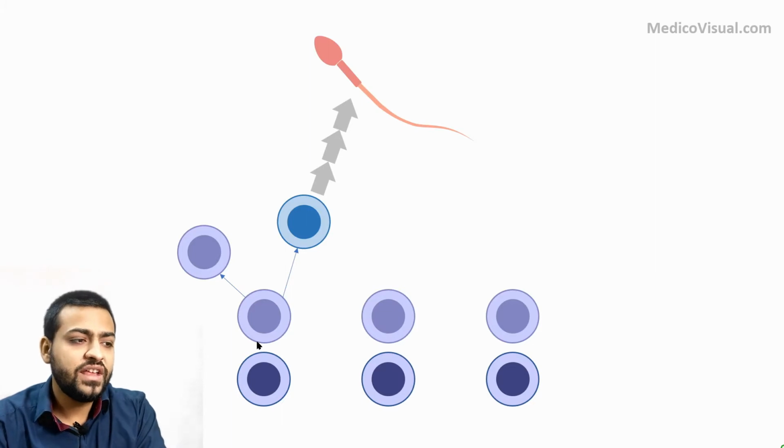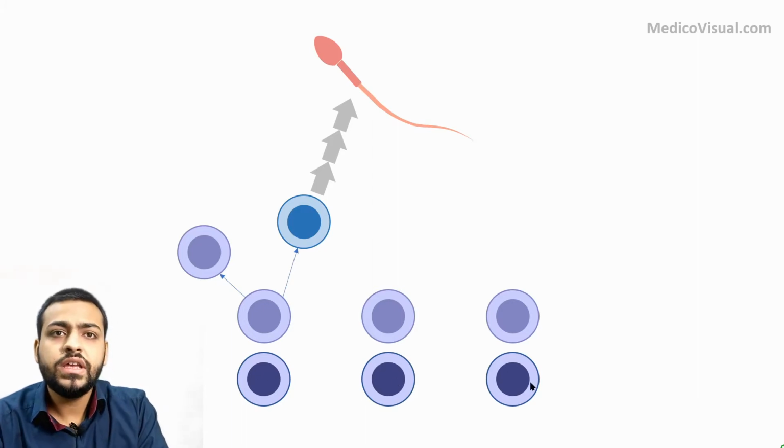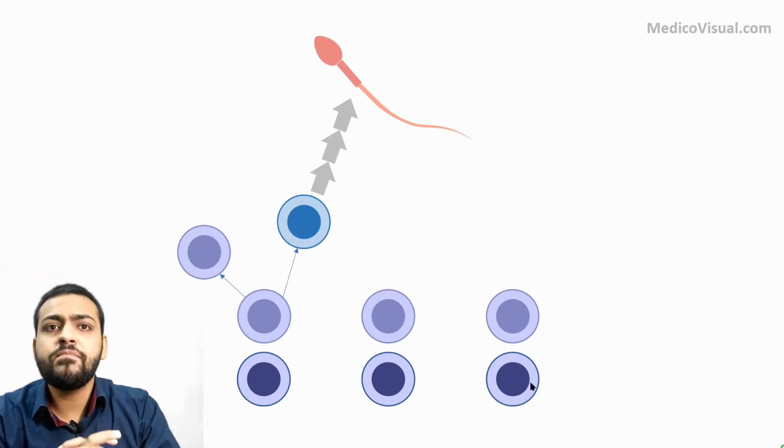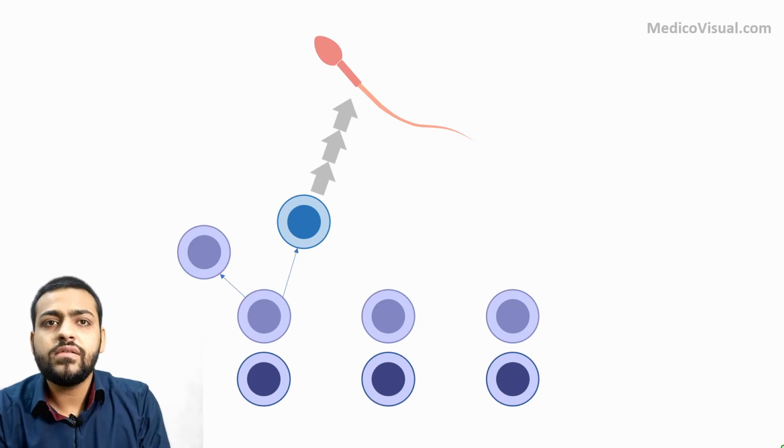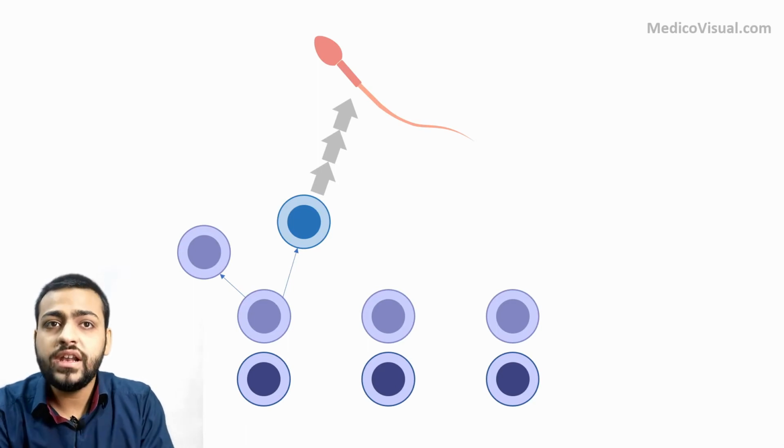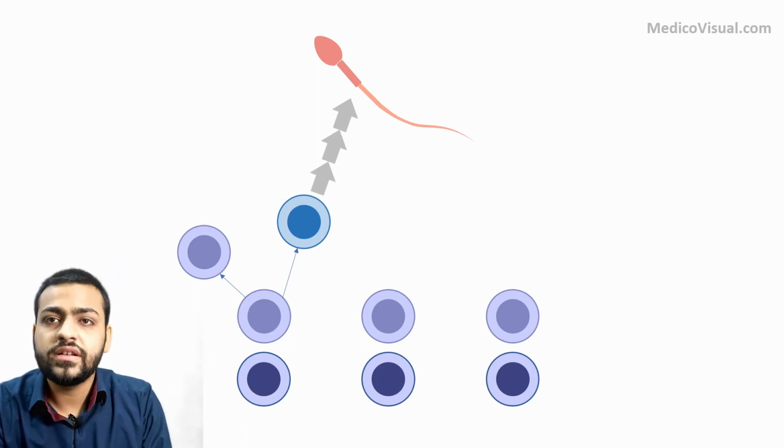Now the question arises, why are these pale and these dark? Well, most likely the reason is that in Spermatogonia A Dark, the nucleus is more tightly packed, right? Their DNA is more condensed, because they do not frequently undergo mitosis or cell division.